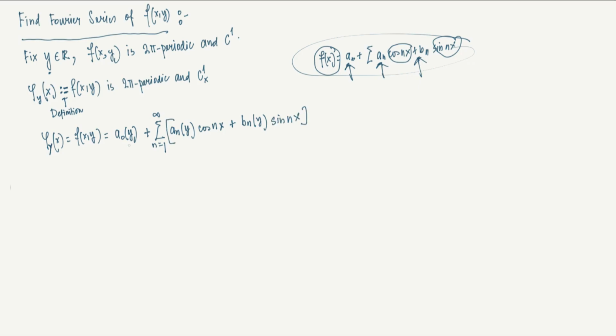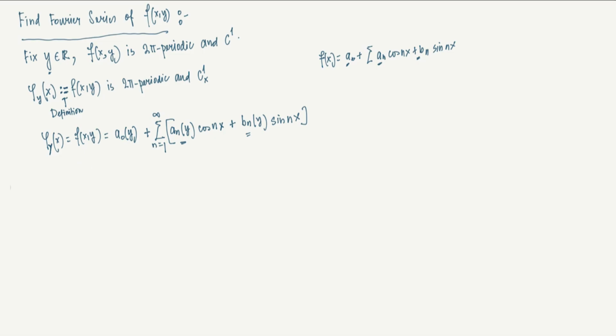If you fix a y, let's say y equals something, maybe 1, then this function is basically a one variable function. It will look like this, and this is basically a naught at the point 1, so some constant, and this is also constant, this is also constant. That's our original Fourier series. So we are modifying it like this because of the x and y part. I hope this is clear.